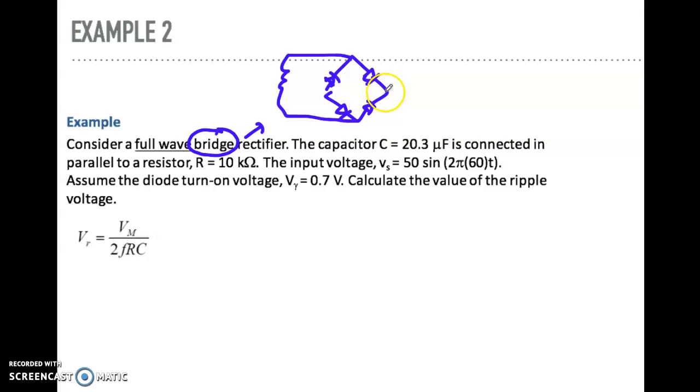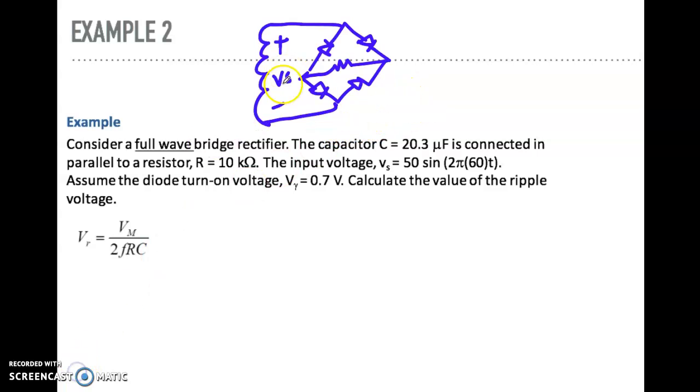Let's say you're going to connect here to R. In order for you to have the complete loop, you will go through, let's say this is diode 1, diode 2, and then the final one. So to complete one loop, you need to go through how many diodes? You need to go through 2 diodes.